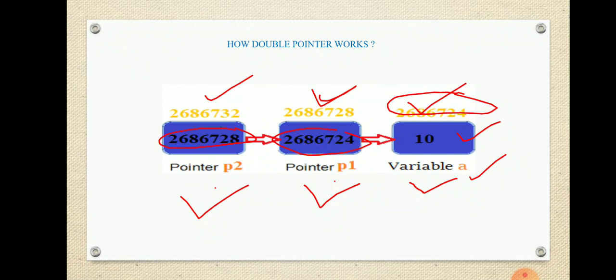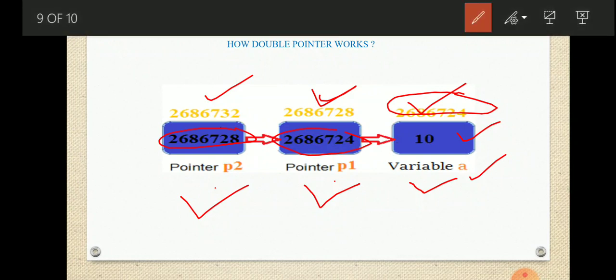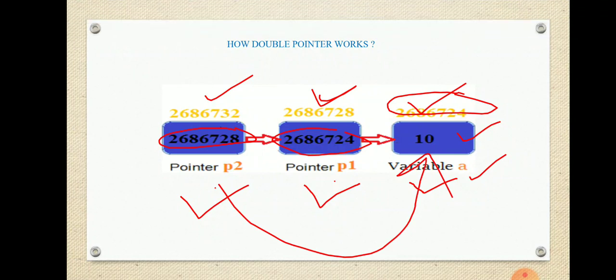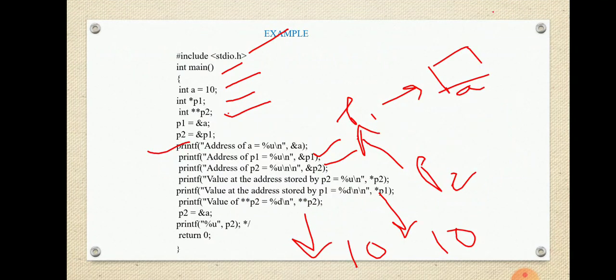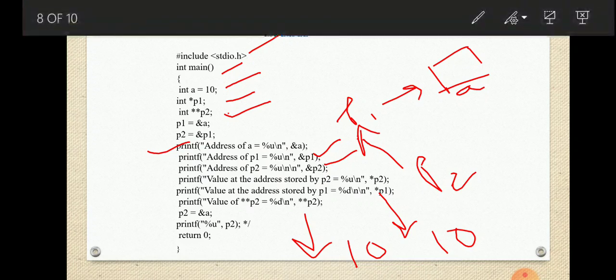Now P2 will be pointing to this, and again what will it print? It will print %u of P2.